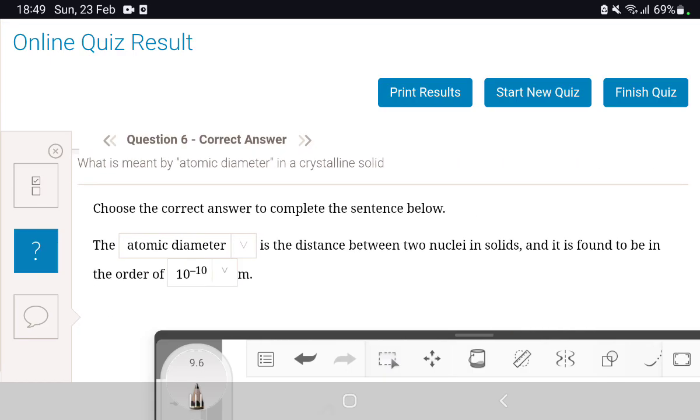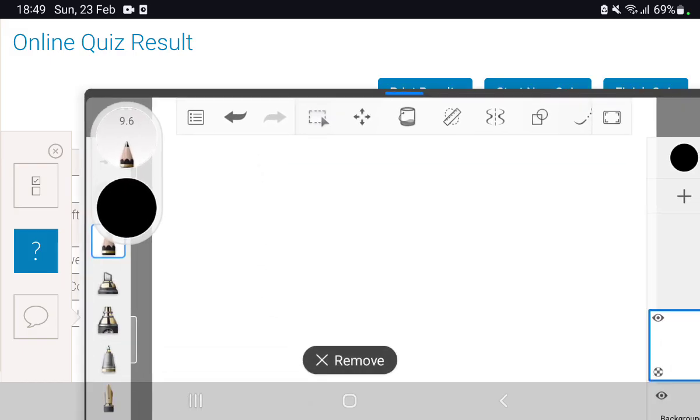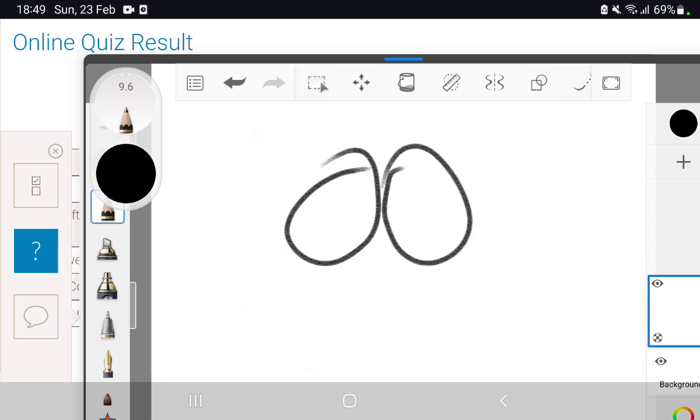Number 6. The atomic diameter is the distance between two nuclei in solids, and it is found to be in the order of 10 to the power of negative 10. So here we have two particles, right? From nucleus 1, which is here, to nucleus 2, we have radius 1 of this one, then radius 2.